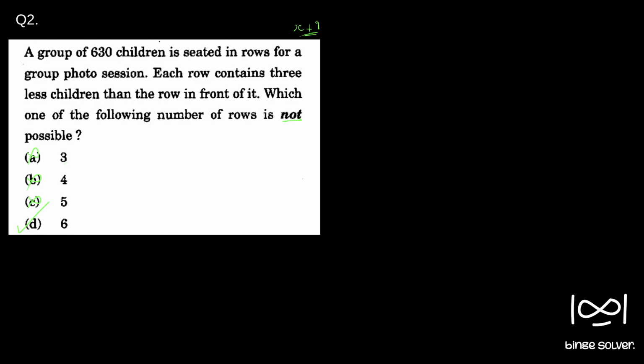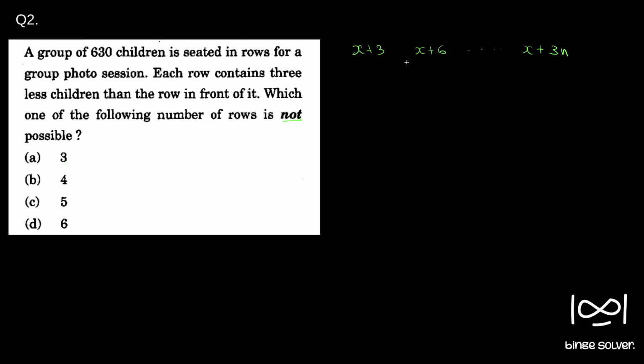Let me write that also. In case you take our first element as x plus 3, so 3 into 1, and the next element 3 into 2, which is 6. Similarly, the nth element is x plus 3n. If you take our rows like this, each is 3 apart from the row in front of it, 3 less than the row in front of it.